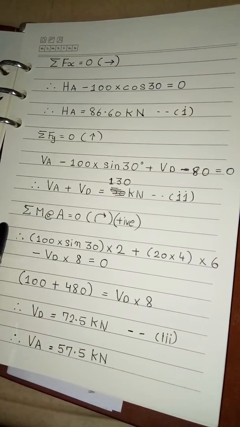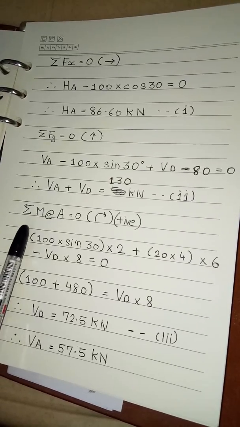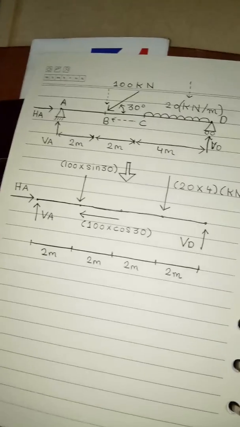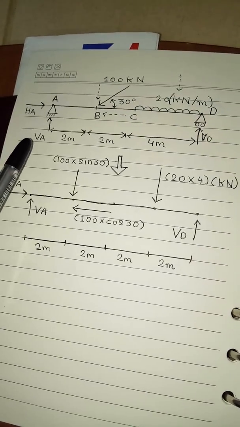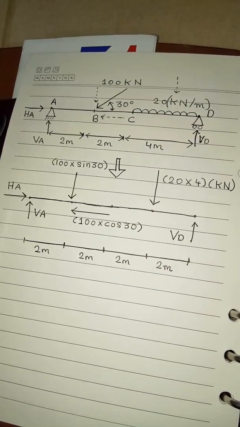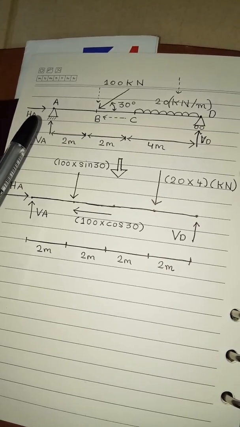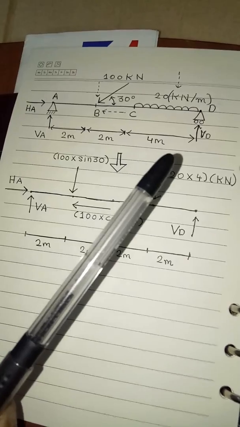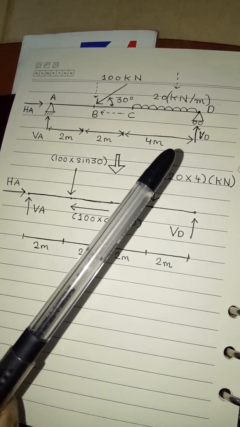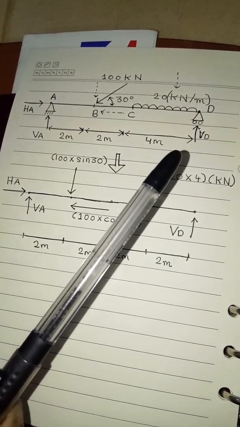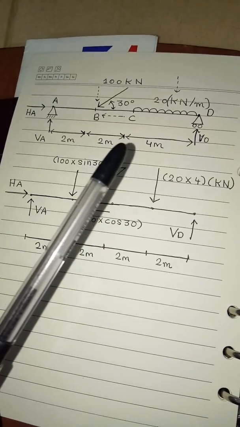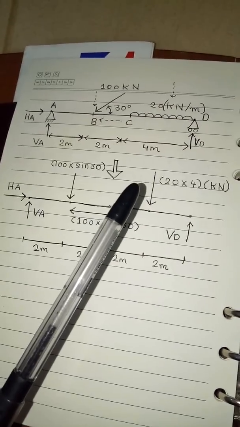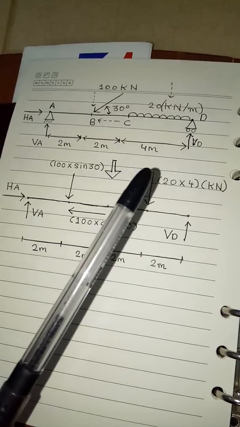If you see the problem, at point A I have two forces, VA as well as HA. So the moment I take moment at A, these two forces become 0, and I have only the third component, that is VD. So for three unknowns, I have three equations.